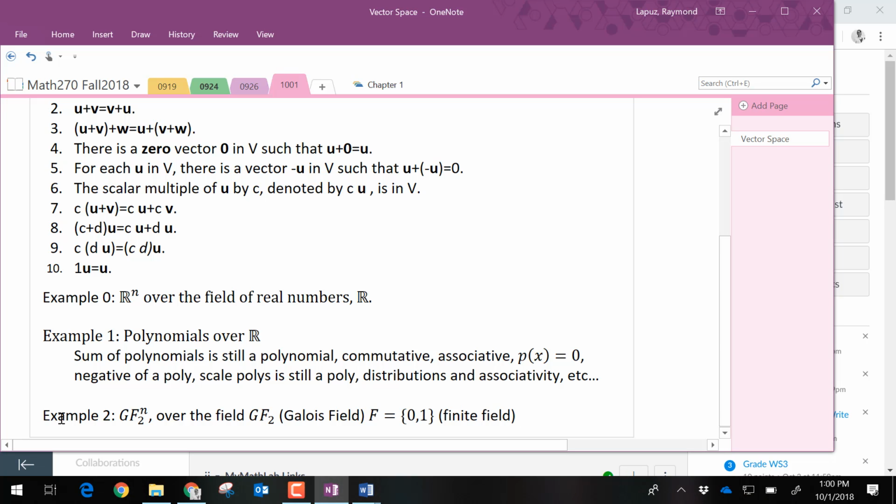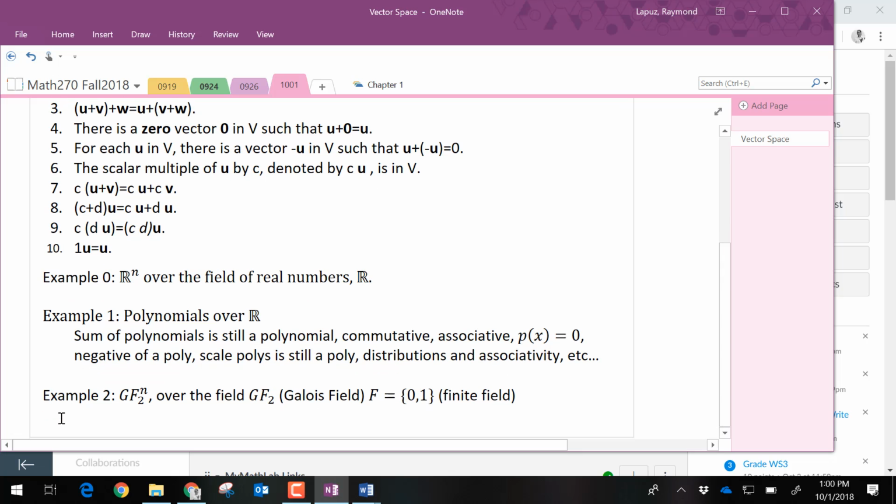So GF2 to the nth power creates a vector with n elements. Okay, so for example, if our vector space is GF2 to the third, then we actually have a finite number of vectors in this space.